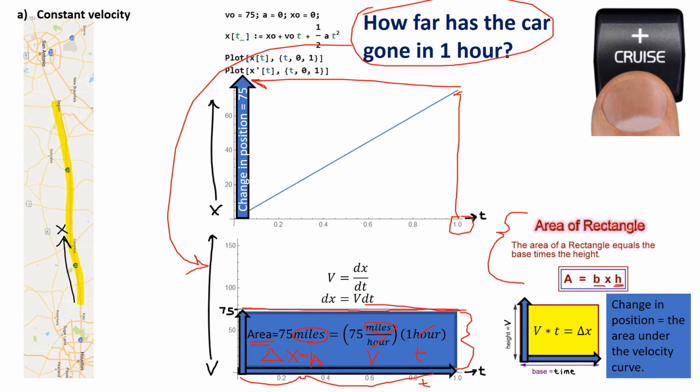And once again, just look at the units on this thing. If the units work out correctly, then you're good. So the area under the velocity versus time curve is your change in position. The slope of your position versus time curve is your velocity.